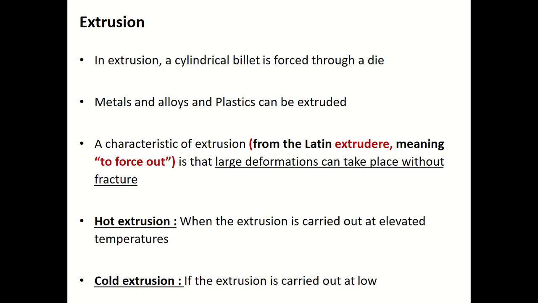So in an extrusion process, you will have a cylindrical, round-shaped billet, and you force it through a die so that, depending upon the cross section of the die, you get a reduced billet or reduced part out of the extrusion process.